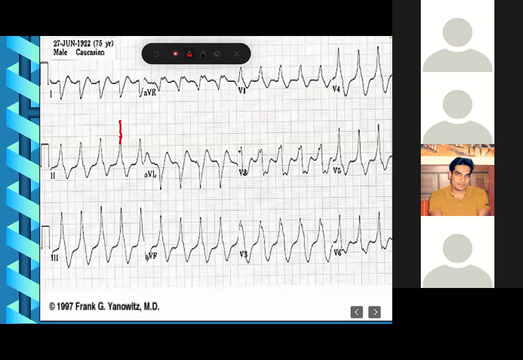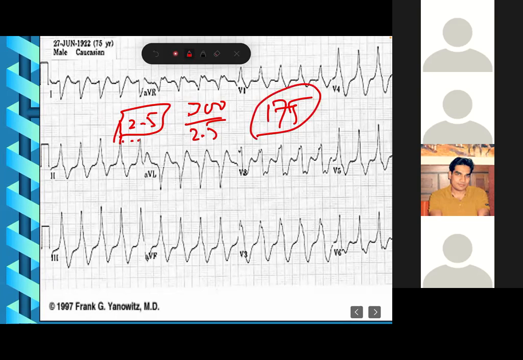In gross appearance, the rhythm appears to be regular, so we find the R wave that is falling exactly on our line, so our counting can be made easily. One large block, two large blocks, and 0.5, so 2.5 large blocks. So 300 divided by 2.5, we can find 120 could be the heart rate of this ECG.